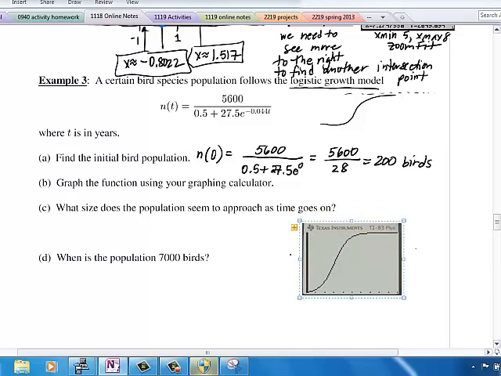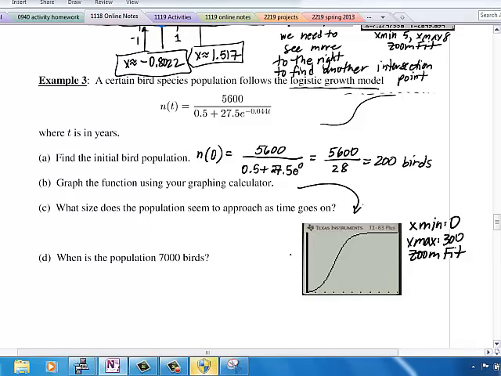And what we did to get this was we had x min 0 and x max 300 eventually, and then we did a zoom fit to get the y values to show up correctly.